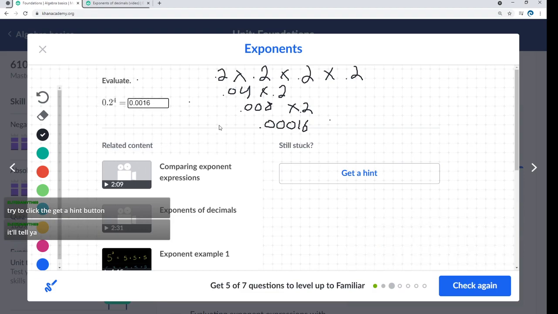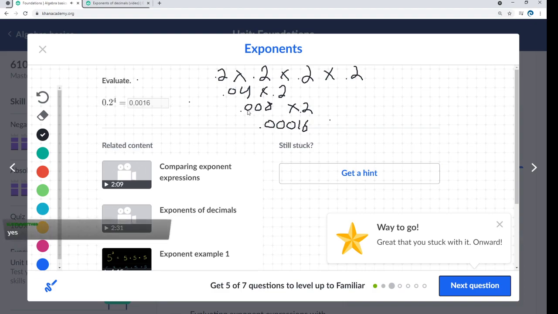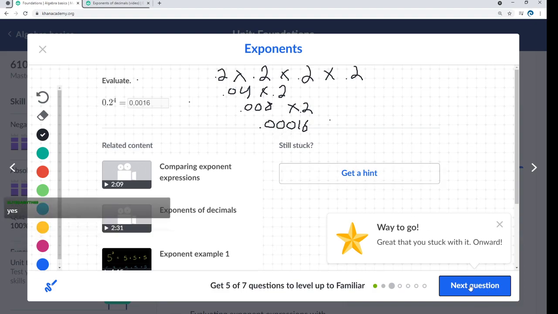Where did I go wrong there? Does the total need to be 4 away? 1, 2, 3. That's probably what it is. Dang it. Okay. So it needs to be 4 decimal places from the end.